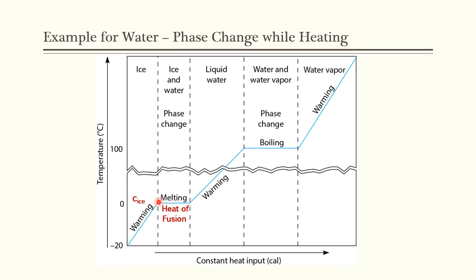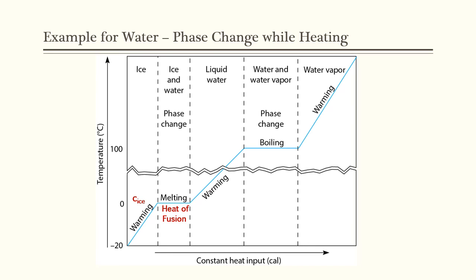Then we start melting, and notice what happens in melting. We have a plateau. This is a constant temperature. This is your heat of fusion. You're putting in heat, right? It's a latent heat of fusion. Again, a latent heat is a hidden heat. You don't see a temperature rise, you just see a phase change. And then we get to this point here, and we have all liquid water.